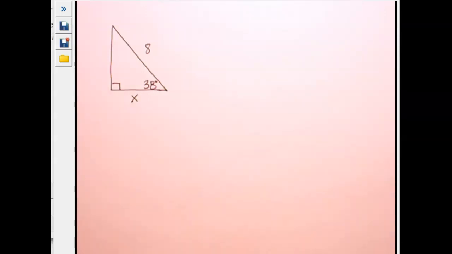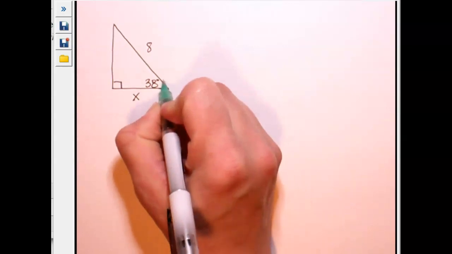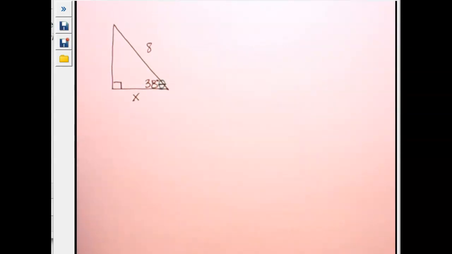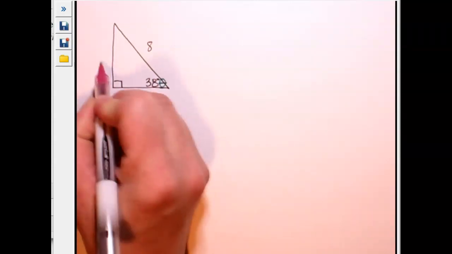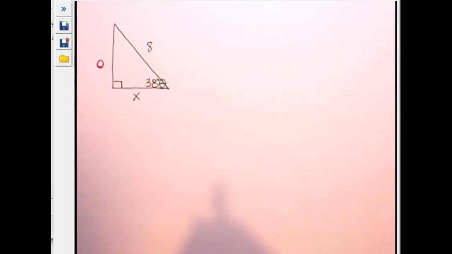So once again, very first thing we want to do, identify what theta is. Okay, theta is always going to be the angle. So that's going to be this one right here. 38 is going to be our theta. Okay. Now from there, if you just go opposite of theta, that's going to tell you the opposite side of that triangle.